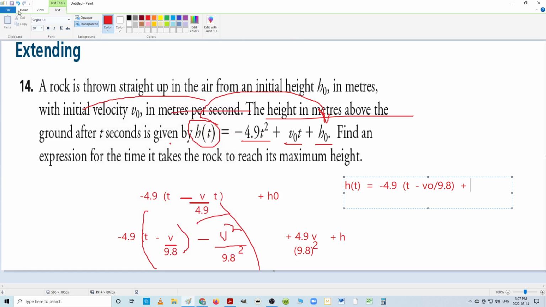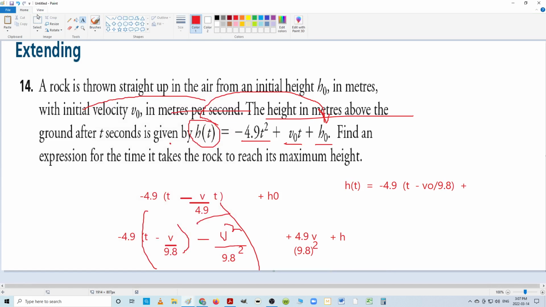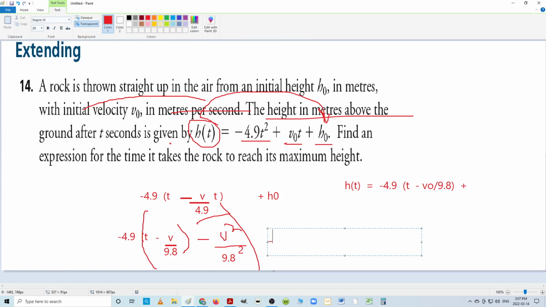Weird. So this becomes 19.6 velocity squared plus height.